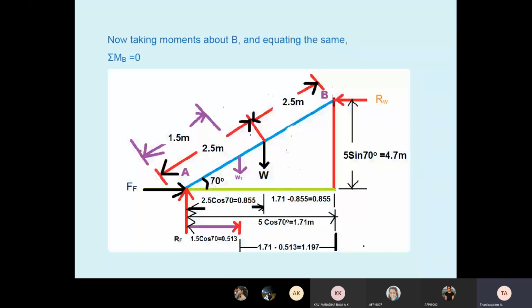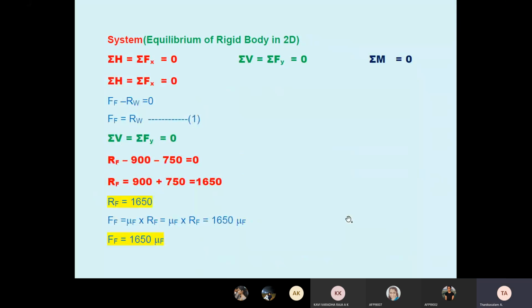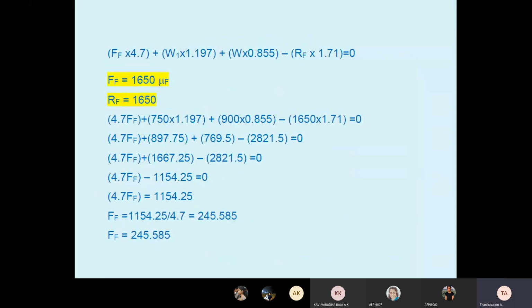With this vertical, with this B point here, this horizontal distance is 0.855. For W1, what is the distance? 1.197. RF into total distance 1.71 clockwise. So clockwise I take as plus, anti-clockwise minus. Sorry, anti-clockwise plus, clockwise minus.